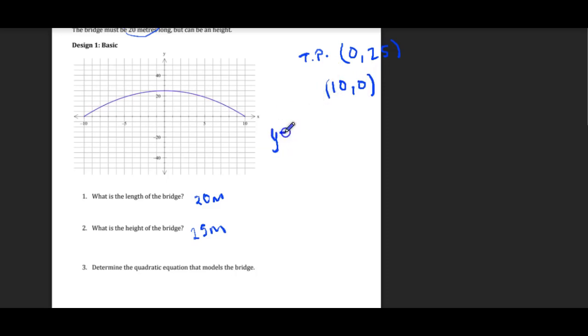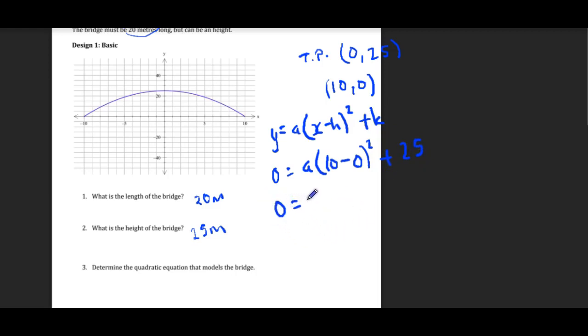All right, so your general equation in turning point form is y equals a times (x minus h) squared plus k. So we just substitute these points in. So y is 0. A is what we want to solve, so we'll leave a. X is 10. H is 0. And then k is 25. And let's just solve for a.